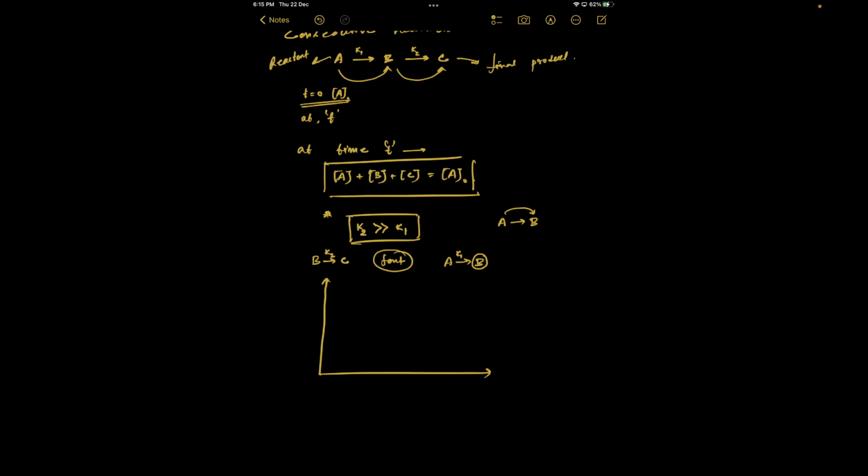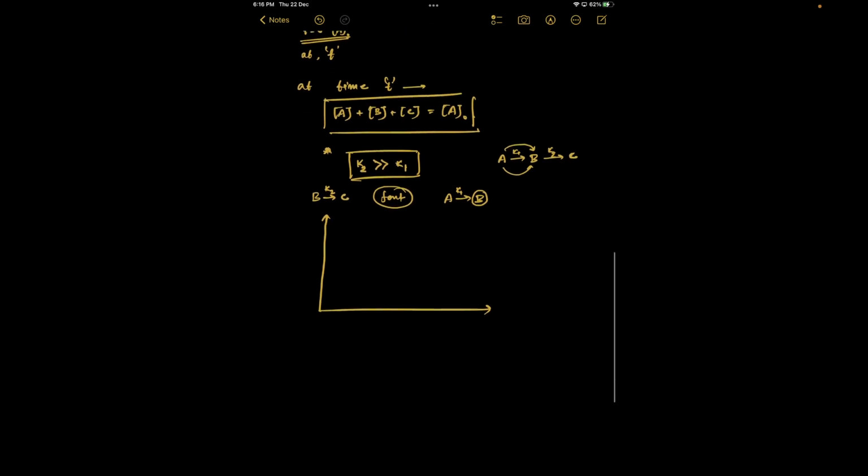That means when the B molecules are forming, they are subsequently forming the C molecules, more or less simultaneously. So K2 is very much greater than K1. Whenever the B molecules are forming from A molecules, the B molecules are simultaneously forming the C molecules due to K2 being greater than K1.